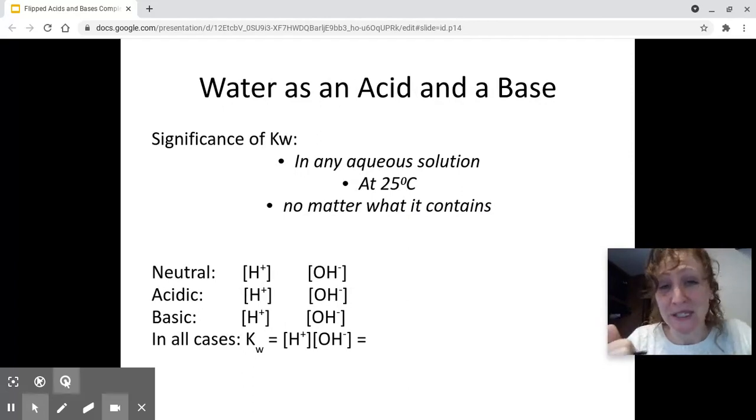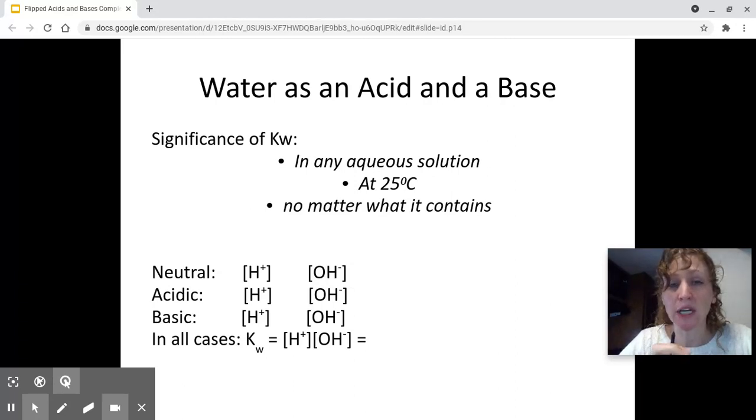All right. Coming back to some of these relationships, Kw is actually very, very significant when it comes to determining acidic solutions and basic solutions. Remember, the Kw is going to be 1 times 10 to the negative 14th at STP.